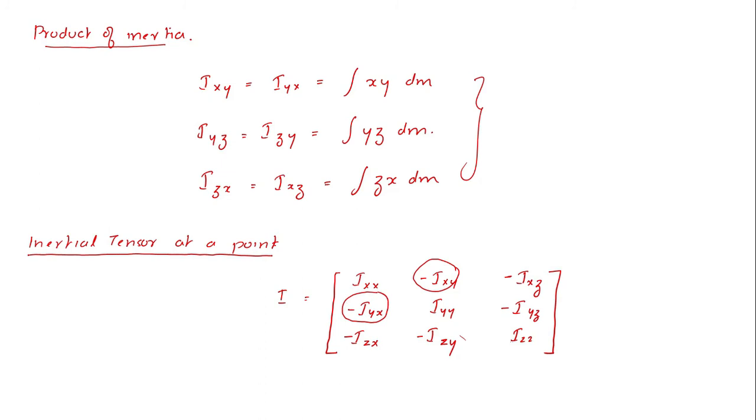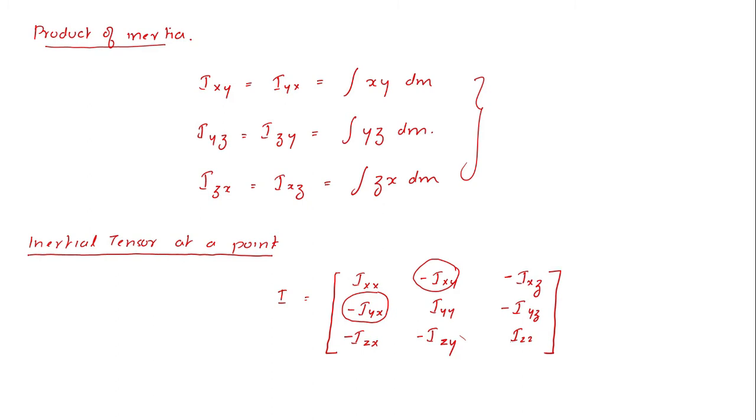So as such, this matrix is a symmetric matrix. So why has that minus sign been included? It depends upon certain conventions in the tensor algebra, which is a different topic, so I shall not go into that aspect. Just need to remember the corresponding matrix I here.